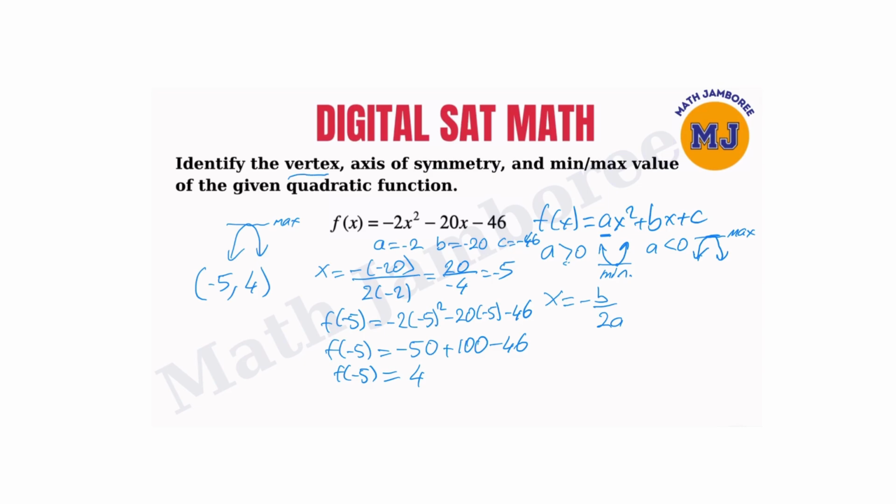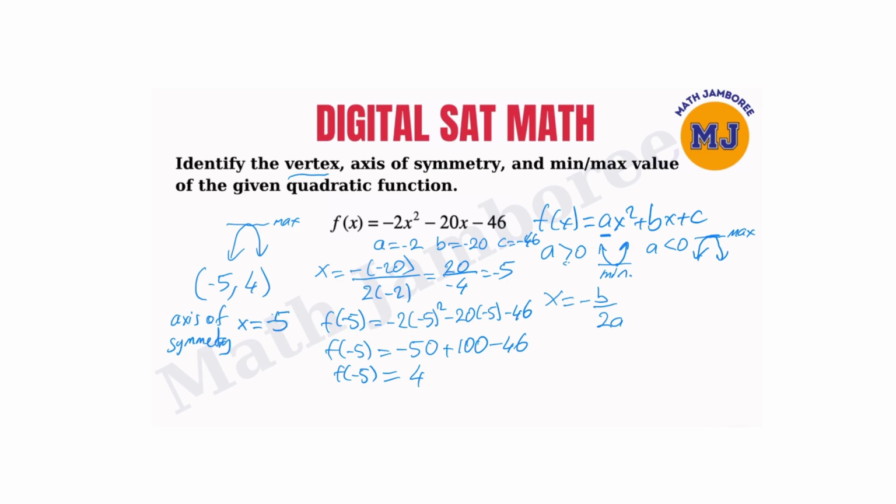You've been asked to find the axis of symmetry. Axis of symmetry is the x coordinate of the vertex. So you will just write the axis of symmetry is x equals negative 5.